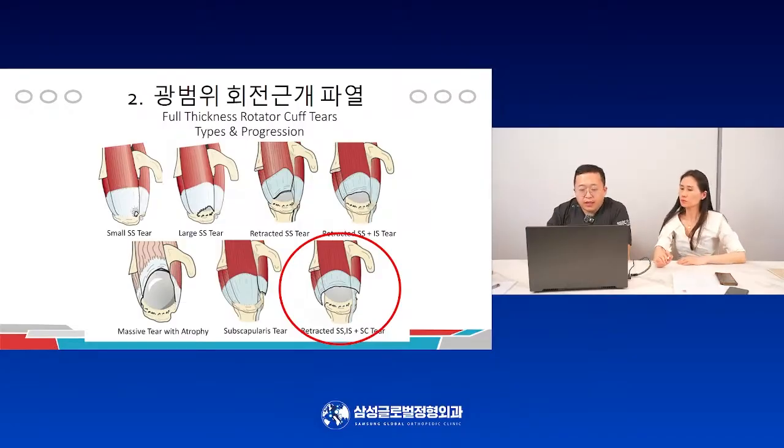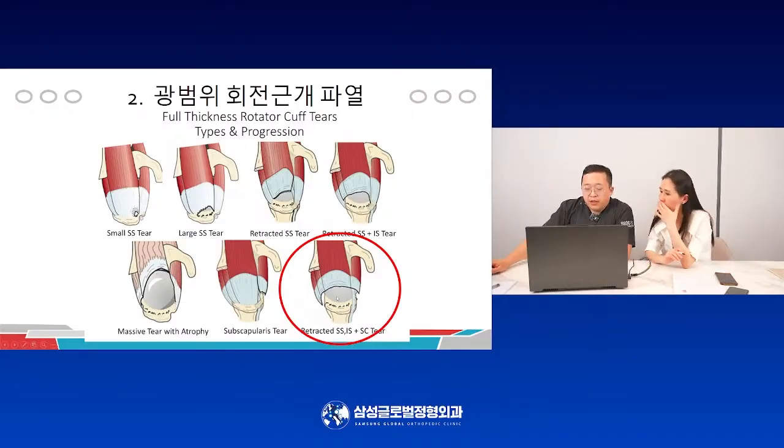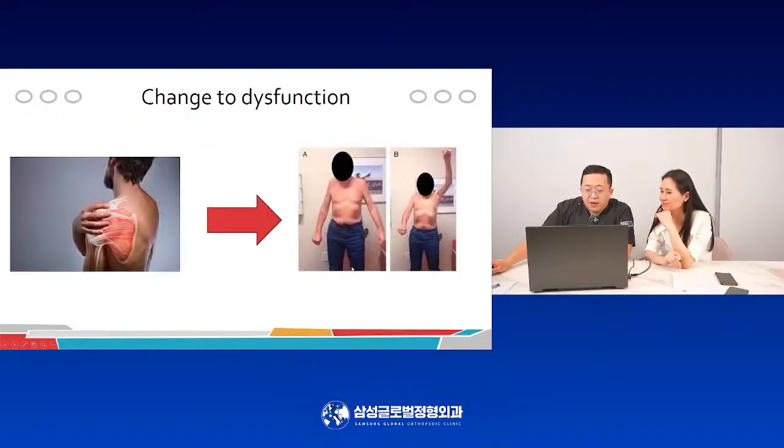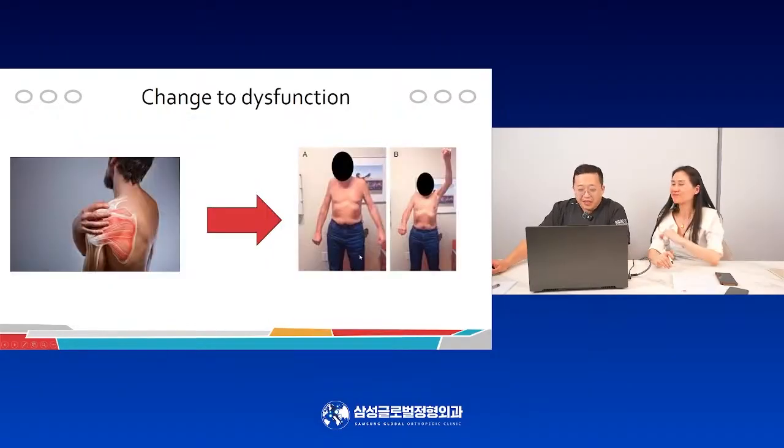But as you see, this massive tear is a little bit terrible. This massive tear is not the same as a normal rotator cuff tendon problem. It's not a normal disease. It's like a beast. Okay, a very stressful disease, right? Yes. For the patient, right?